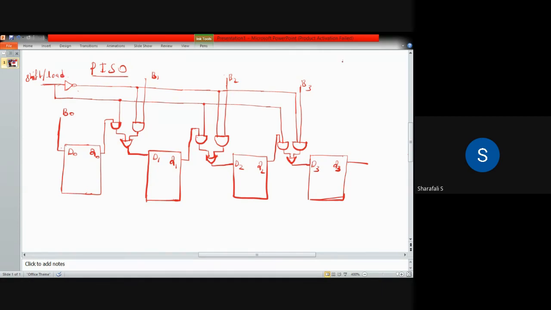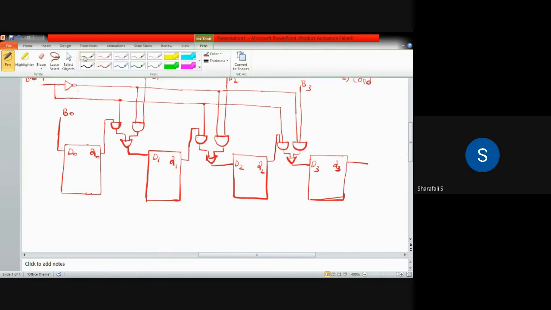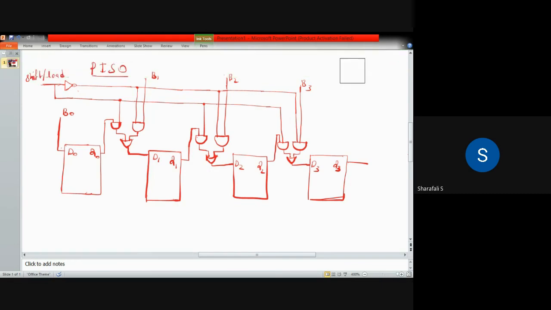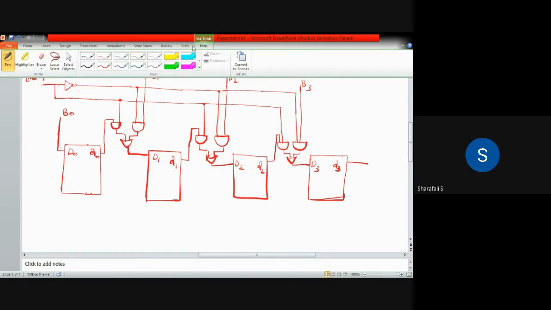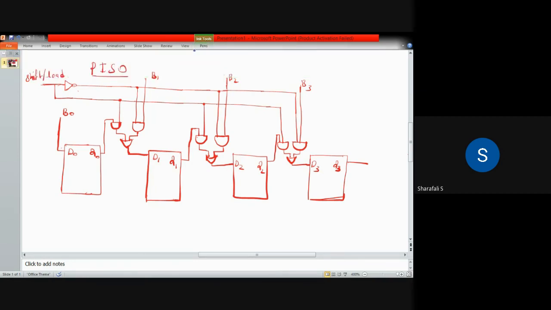One is shift mode, and the other one is load. Or first you can consider load because it happens first. Load mode happens first, then shift happens. So the first one is load mode, and the second one is shift mode.